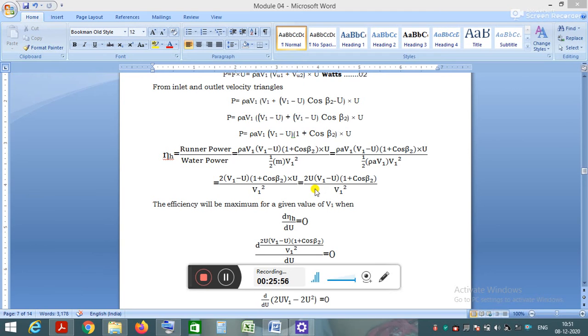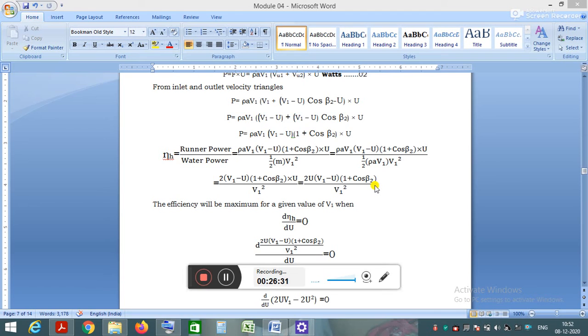Here the hydraulic efficiency equation is given by 2u into (V1 minus u) into (1 plus cos beta 2) by V1 square. Once the blade is designed, the beta 2 remains constant for a given value of V1. The condition for maximum efficiency can be obtained by differentiating the equation of hydraulic efficiency with respect to the blade speed, because once the blade is designed, the beta 2 angle remains the same.